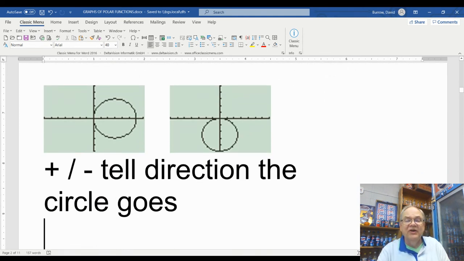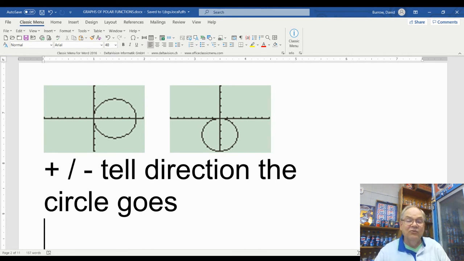Whether the number in front is positive or negative tells you which side of the axis it's on. The equation for the graph on the left was 6 cosine of theta. Since it's a positive 6, it goes on the positive side of the x-axis.